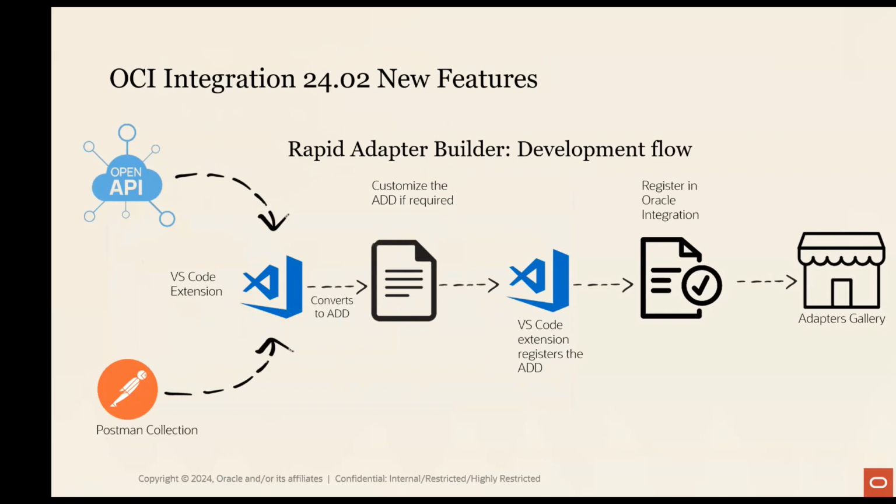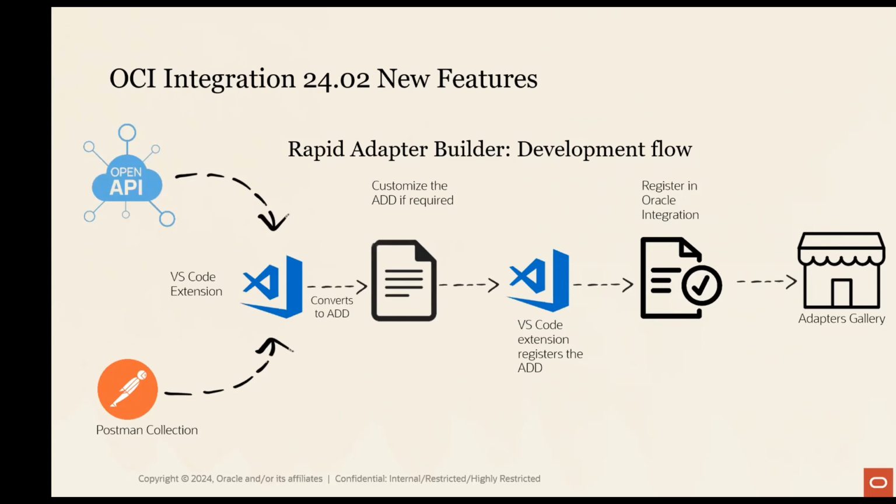So with the Rapid Adapter Builder, the idea is you're going to have Visual Studio Code, which has an extension for the Rapid Adapter Builder. You import either a Postman collection or the Open API spec, and our extension is going to convert that to an adapter definition file.